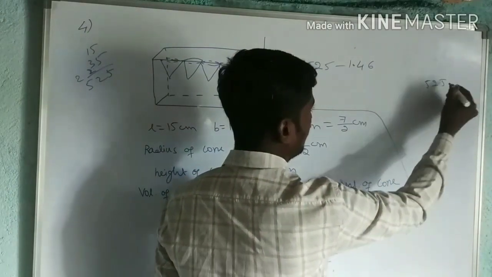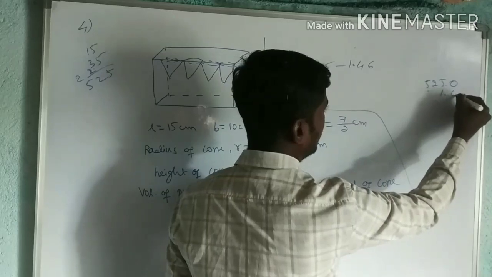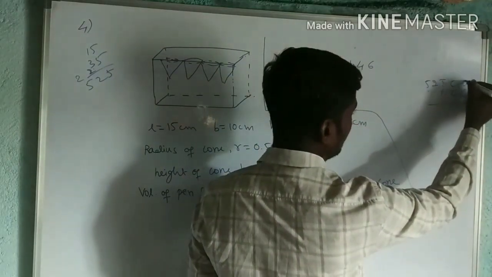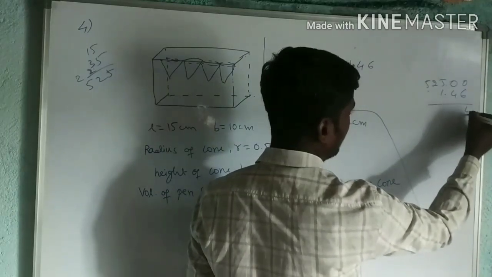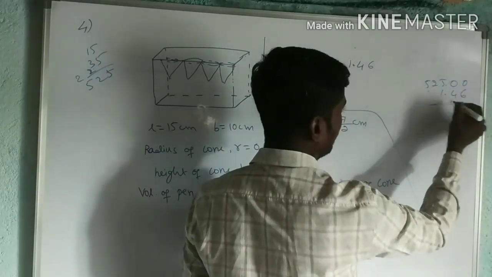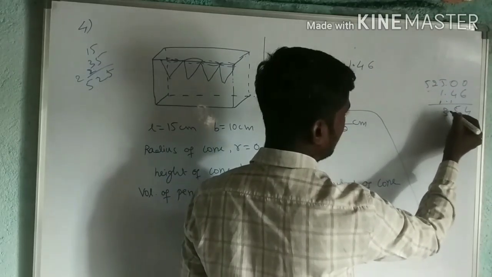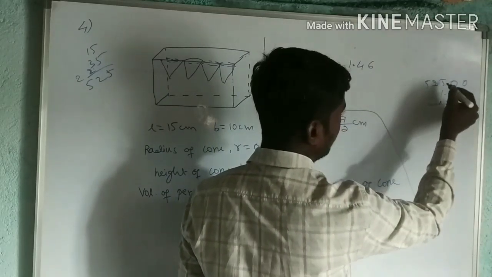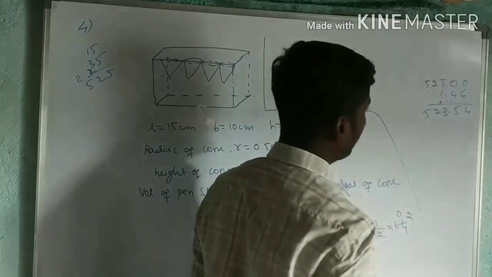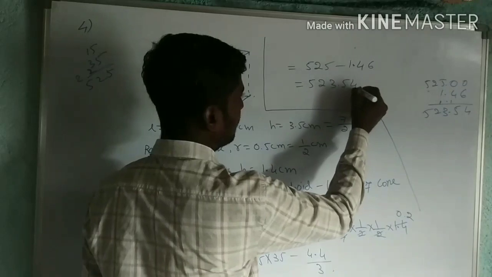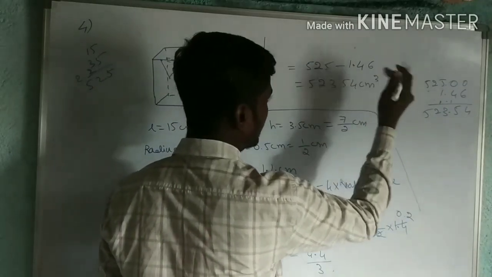1.46. So 525 minus 1.46 is 523.54 centimeter cube.